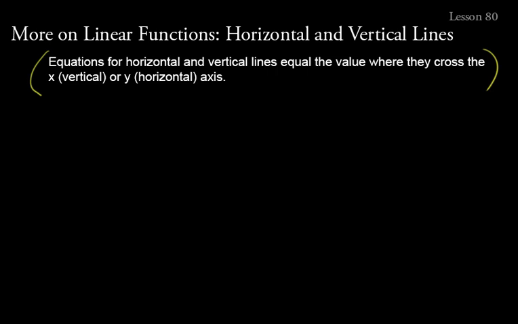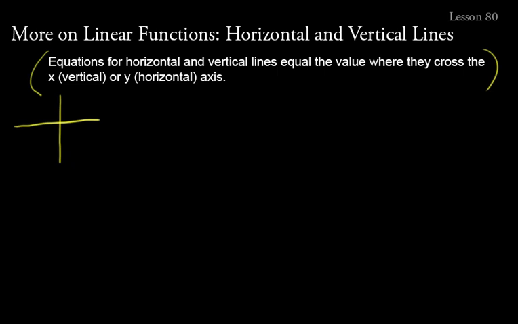We talked about the meaning of horizontal and vertical. You can go back to lesson 12 as well to think about that, and we'll practice that a little bit more. Keep in mind, horizontal and vertical lines are perpendicular. A vertical line is perpendicular to a horizontal line, and the horizontal line is perpendicular to vertical lines.